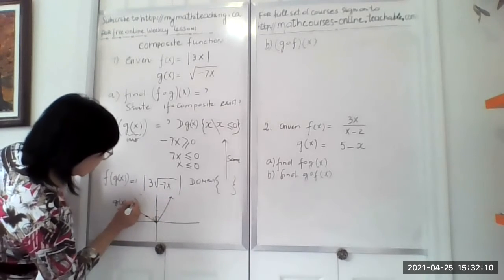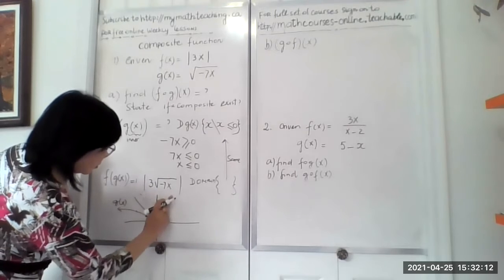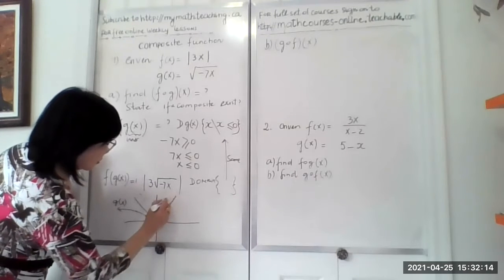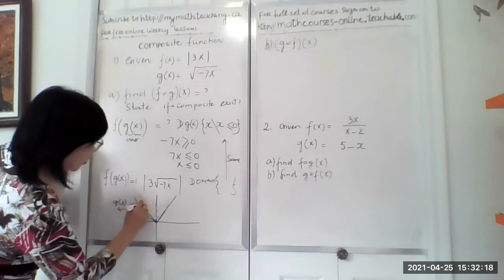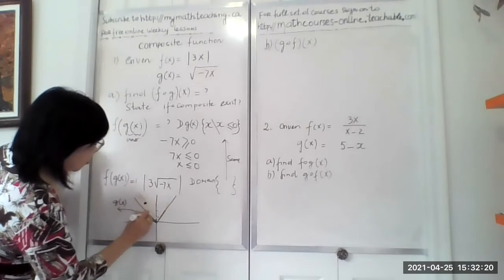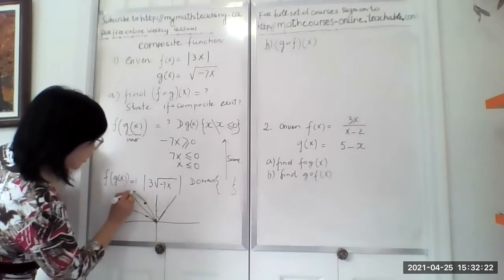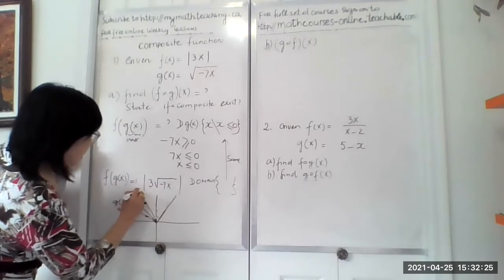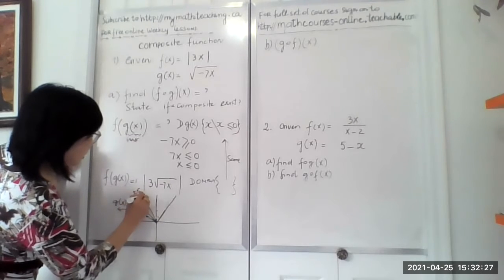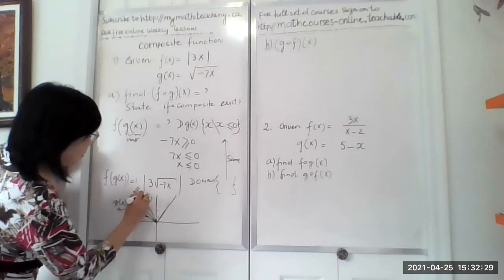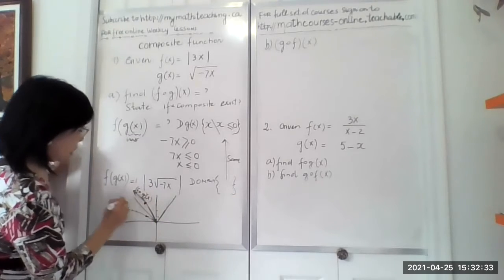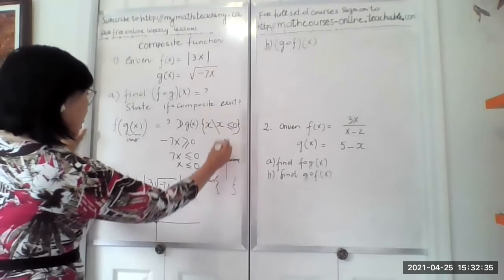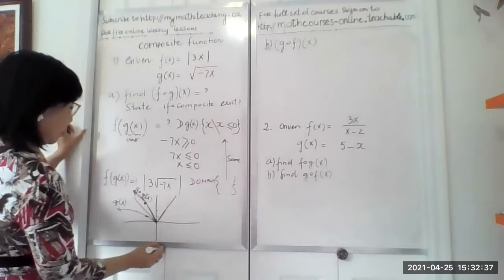So at the end, our new composite function will have a shape somewhere like this. So this is the f of g of x function. And the domain of it, yes, is the same, x has to be less than or equal to 0.